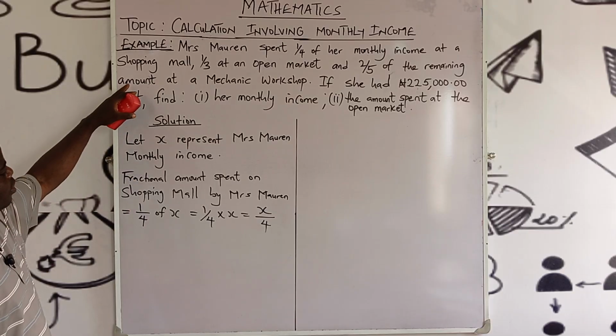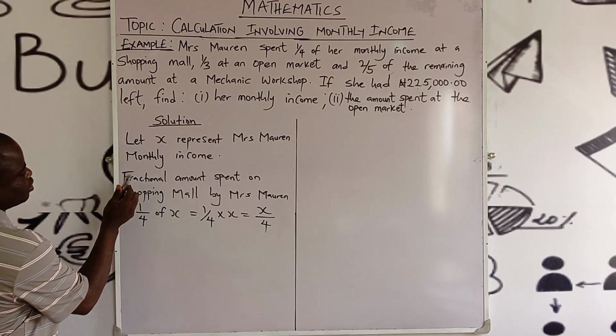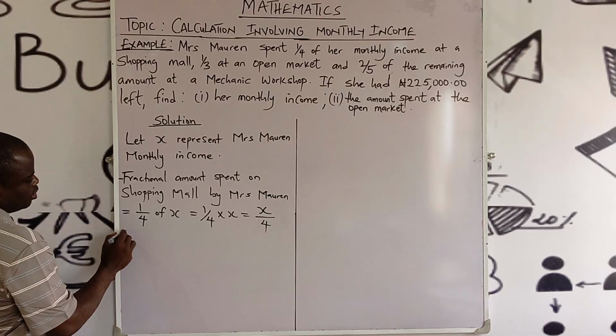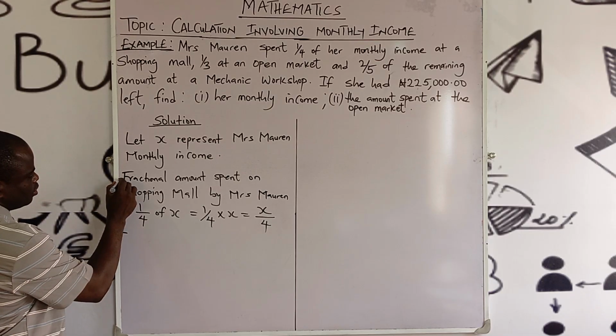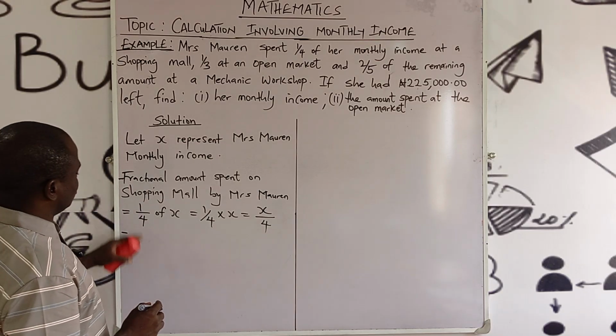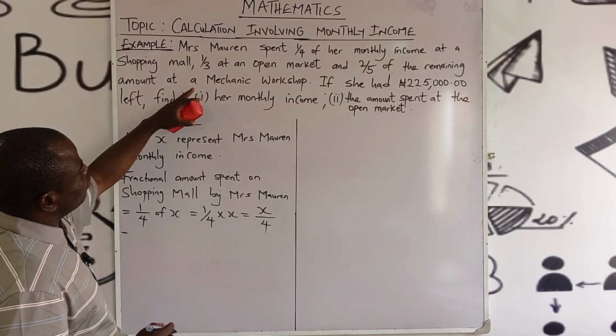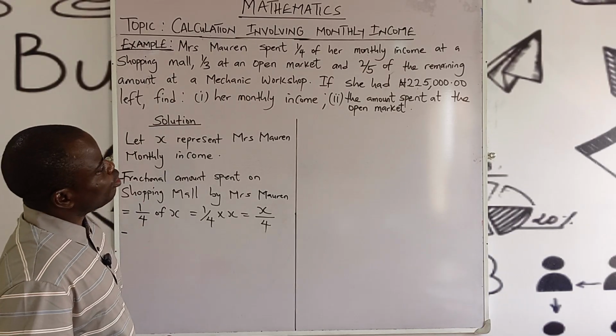Let's continue. We have 1 over 3 at an open market.